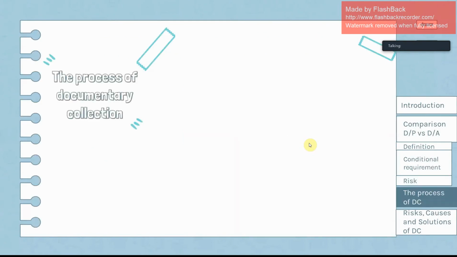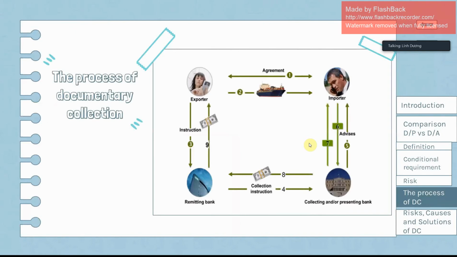And next, I will mention the process of documentary collection. As our teacher has mentioned before, this process includes 9 steps. But today I will just mention the roles of the collecting bank in this process. It starts at step 4, when the remitting bank forwards the documents to the collecting bank.